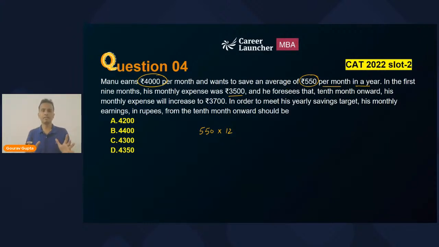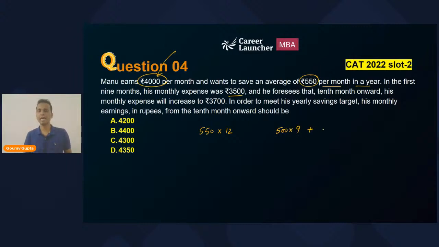So we can say that for the first 9 months, when his expenses were 3,500, he has already saved 500 rupees per month because his earning was 4,000 and his expenses 3,500. So for the first 9 months, he has already saved 500 rupees per month, right?